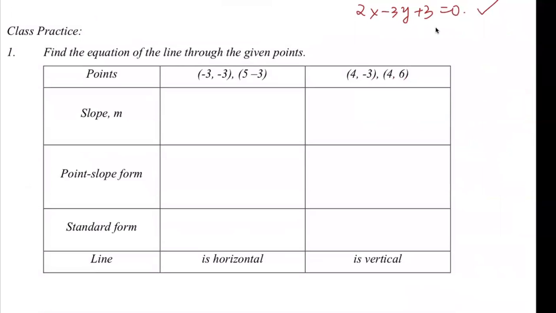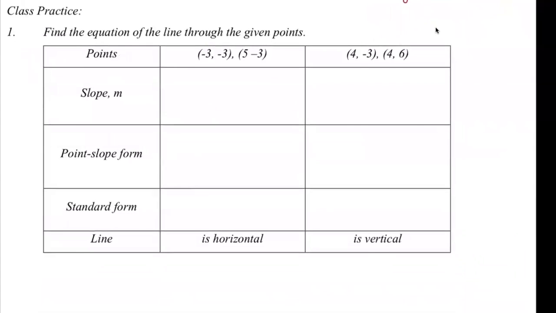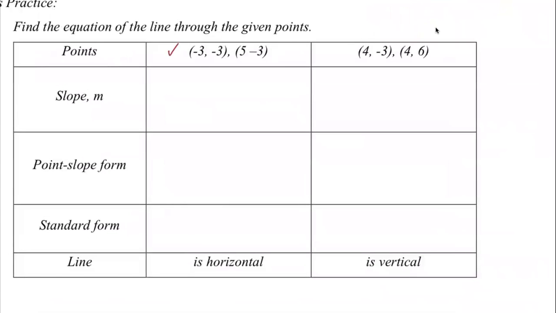Okay, so let's quickly go over the class practice. I actually don't really like this question because it's not very typical. It's horizontal and vertical line. But let's see. First, -3, 5 and 3, slope.